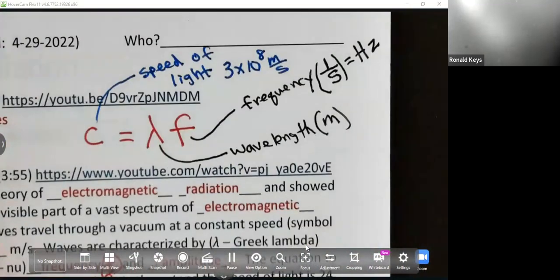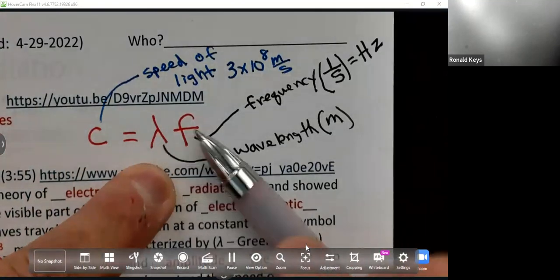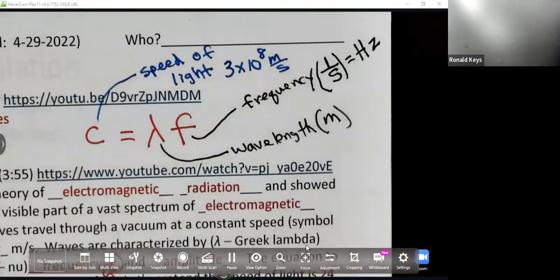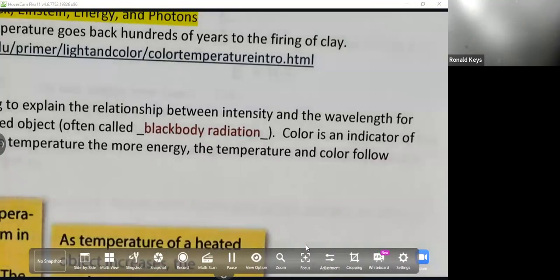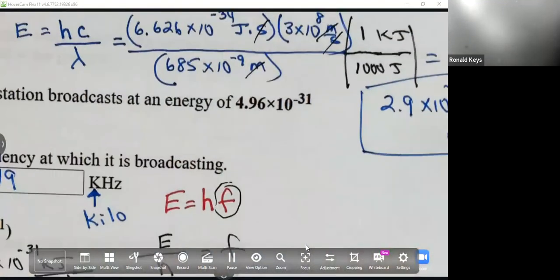Remember, for calculating waves, the speed of light is the wavelength times frequency. Okay. Then we did some calculations of the actual energy.